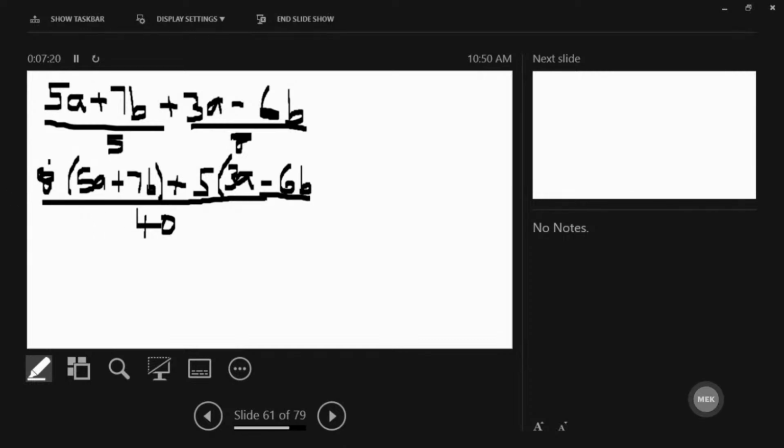So now we need to expand the brackets using the distributive law. So 8 times 5a, that's 40a. And 8 times 7b, that's 56b. 5 times 3a, that's 15a.